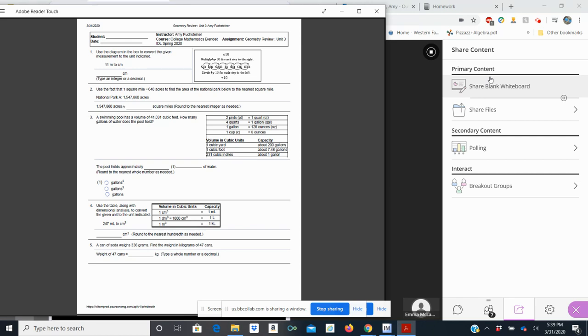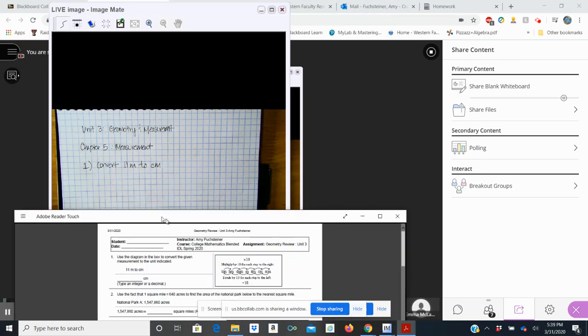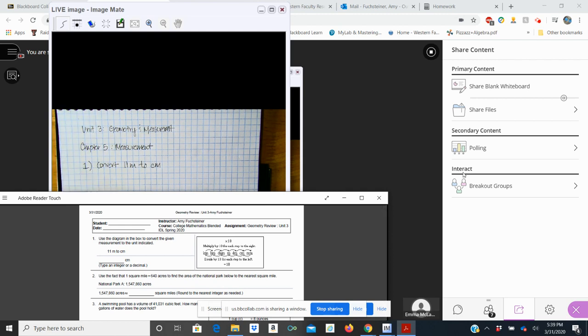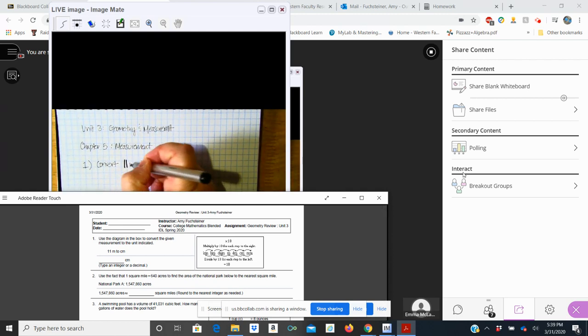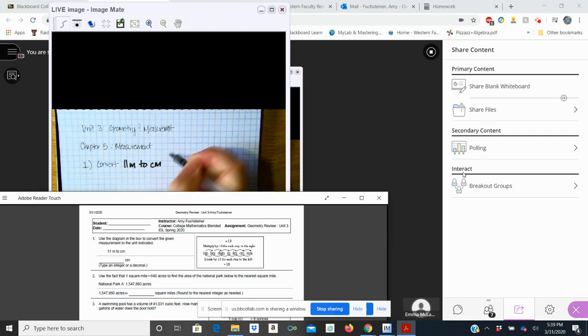Convert 11 meters to centimeters. Now, keep in mind that you do have access to your formula sheet.